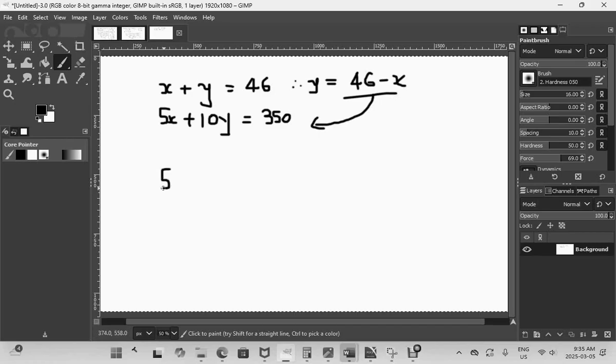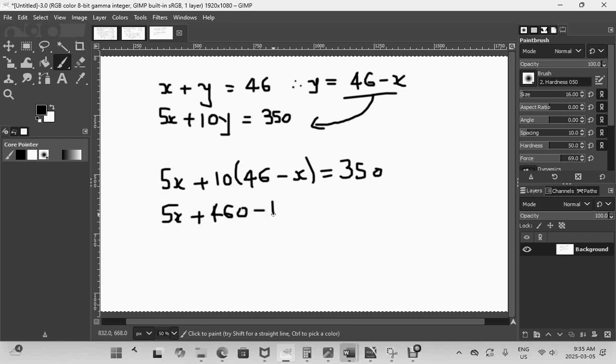So this will be 5x plus 10 times (46 minus x) equals 350. So 5x plus 460, 46 times 10, minus 10x equals 350.